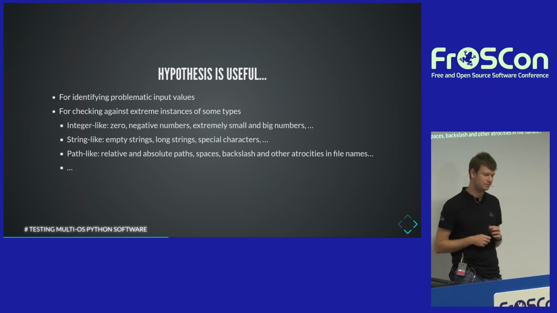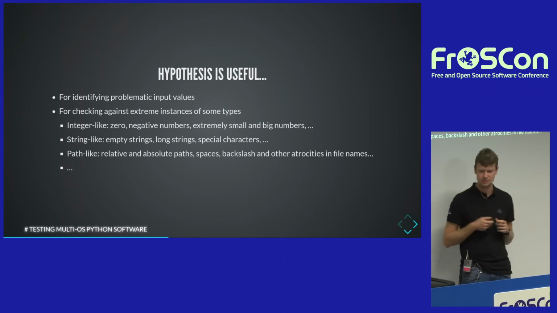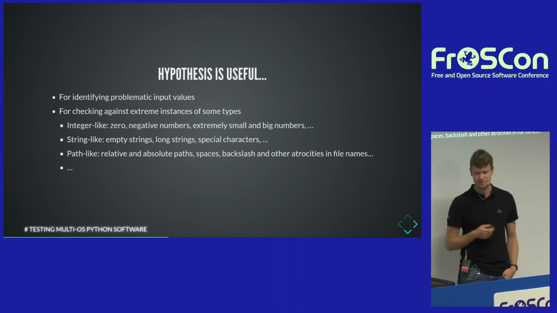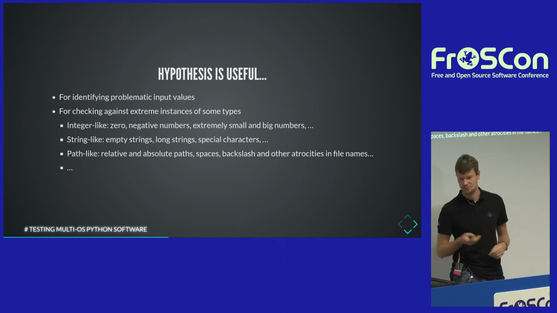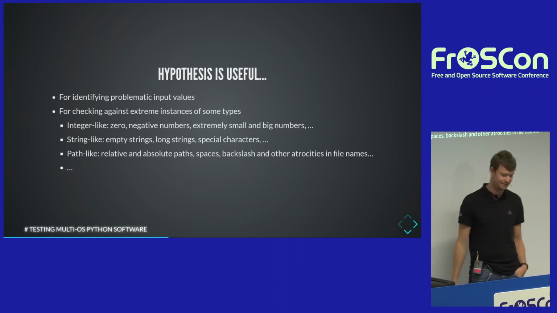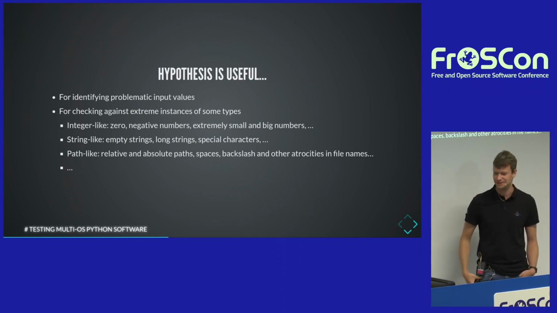For example, for integer numbers, it checks against negative or very large, very small, or 0, of course. And for strings, there are empty strings, long strings, special characters, paths. There you have relative or absolute paths in Windows or POSIX style, for example, and spaces, backslashes, or any kind of things that you shouldn't use in path names. And it tries against that.